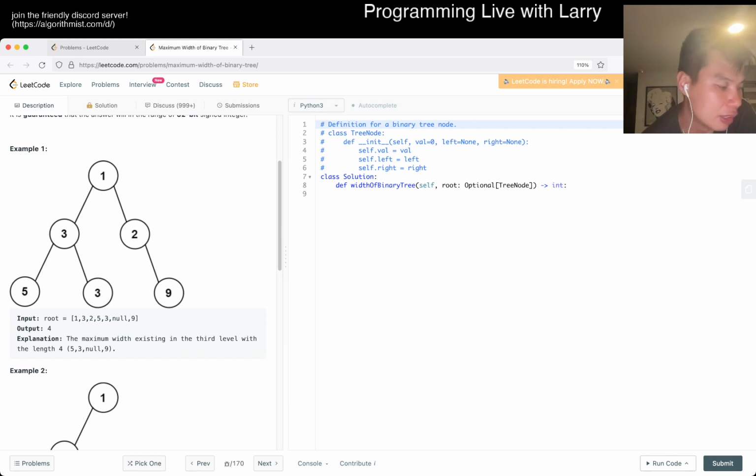There is a symbolic way of representing the node number from left to right, using the 2 times i formula, like 2i plus 1, 2i plus 2. So I think that should be good enough. Let's get started.